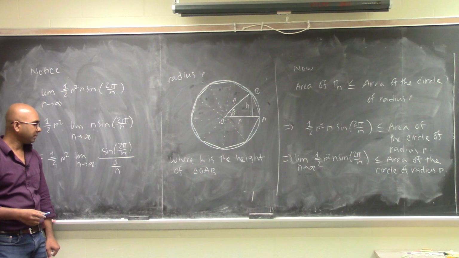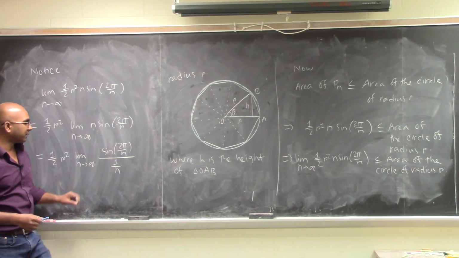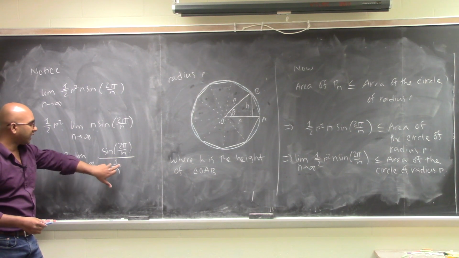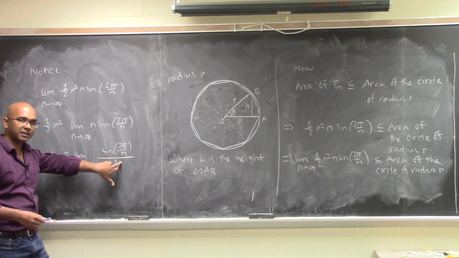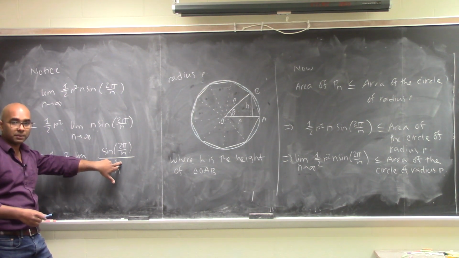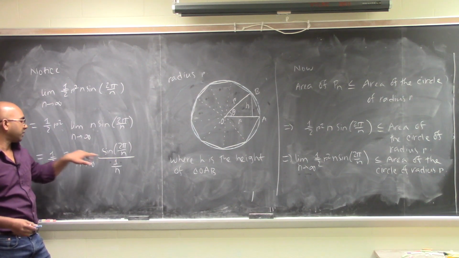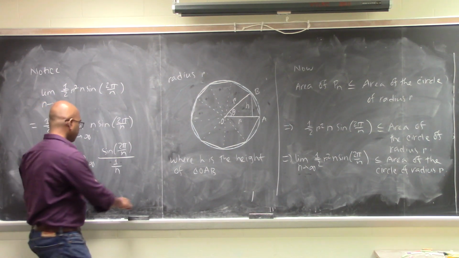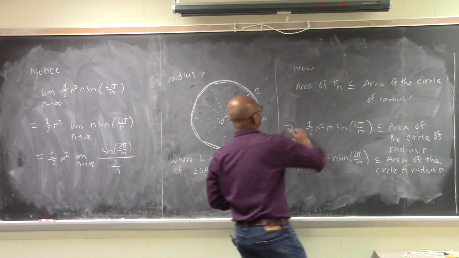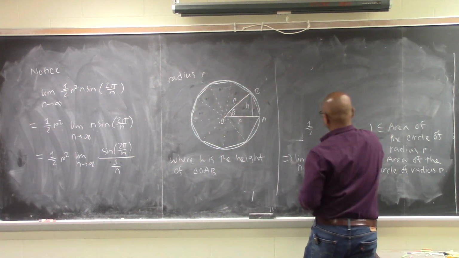Okay? Alright, we need just one more thing. What is it? If we can have a 2 pi over here, then actually we can use the fundamental limit, right? Okay, so the next thing we're going to do is multiply 2 pi on top and bottom.